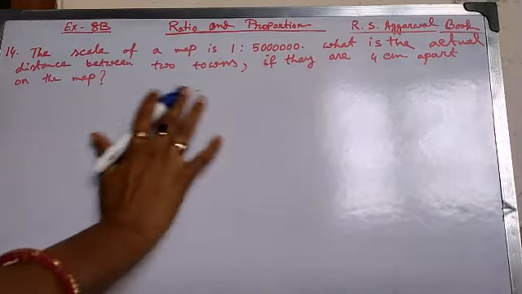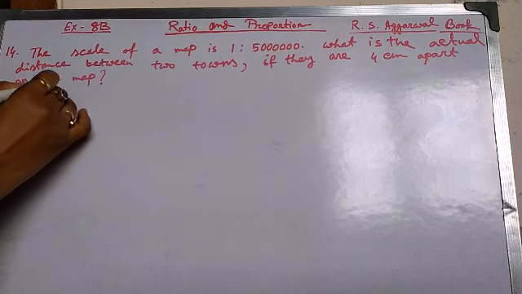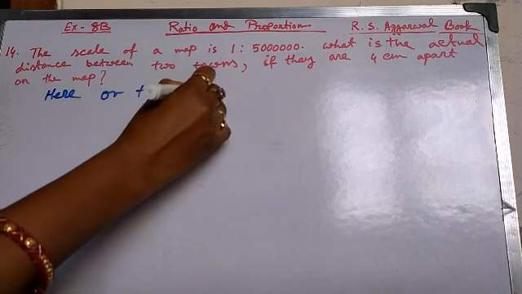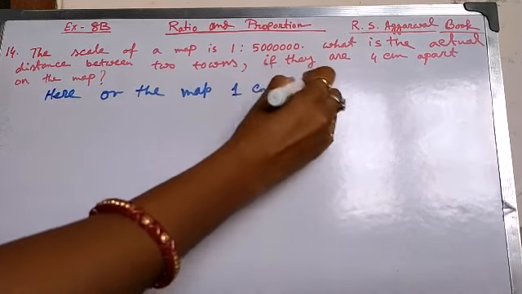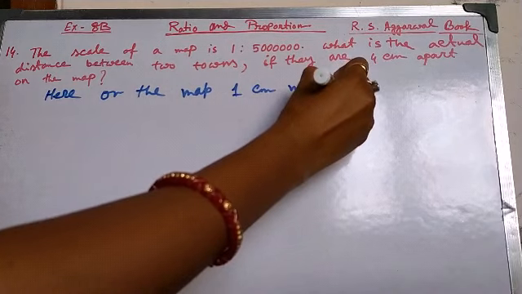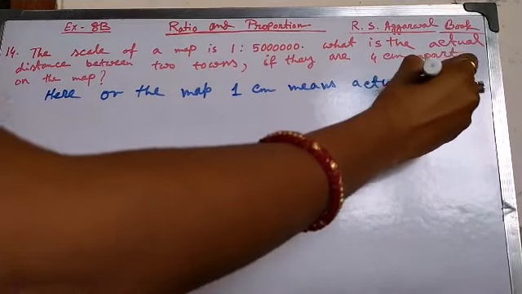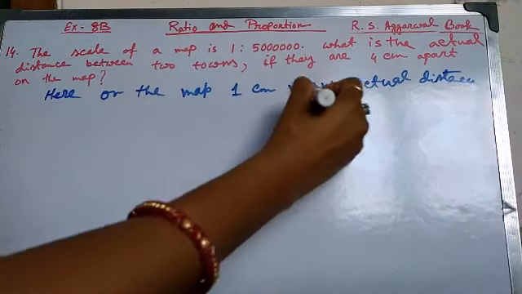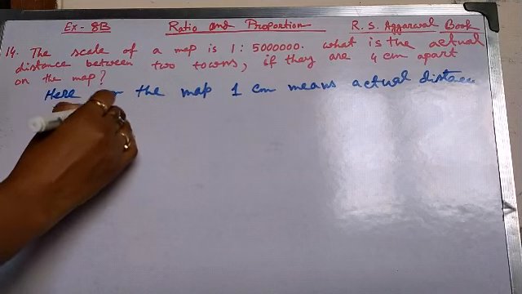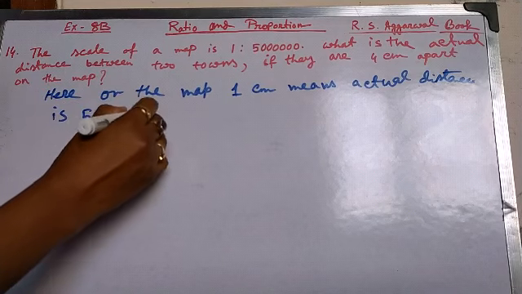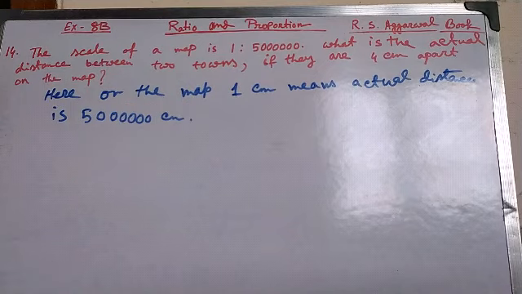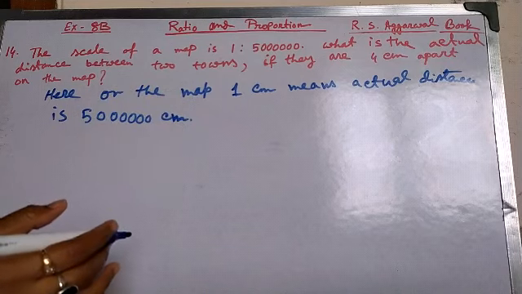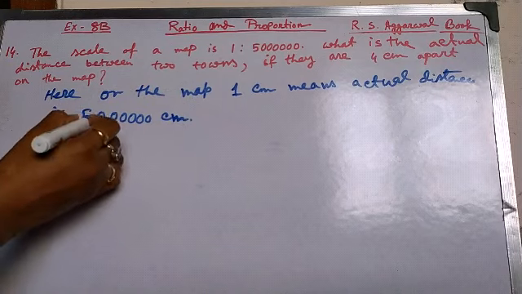So let's see, on the map 1 centimeter means actual distance is 50 lakh centimeter. When it is converted into meter or kilometer, then we can understand easily.